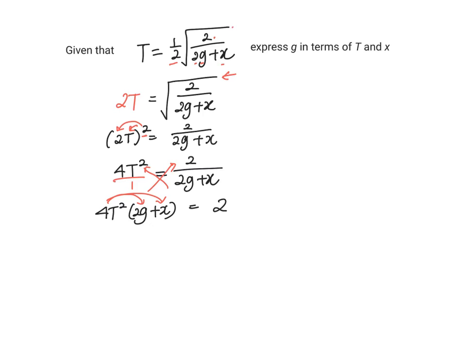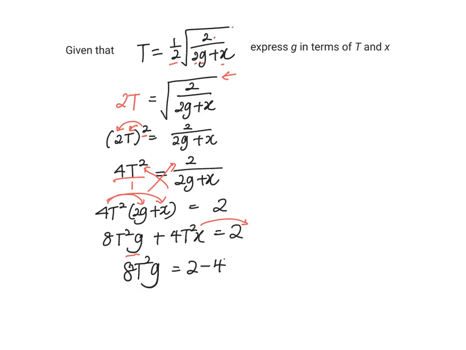Expand the brackets. 2 times 4, 8t squared g plus 4t squared x equals to 2. Keep whatever that we want. We want g, so we keep 8t squared g over here, and we'll shift the 4t squared x over to the other side. We'll get 2 minus 4t squared x.